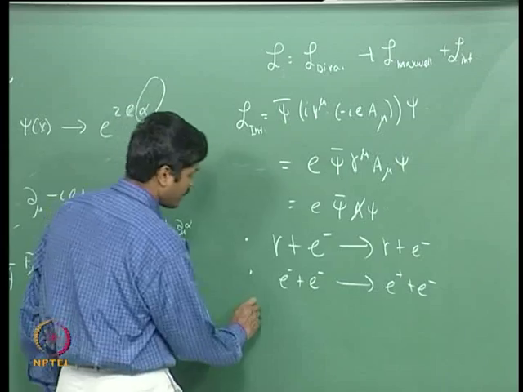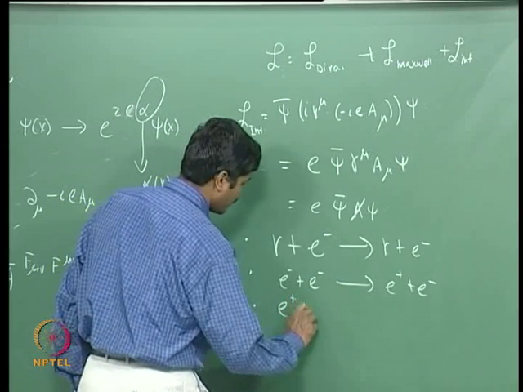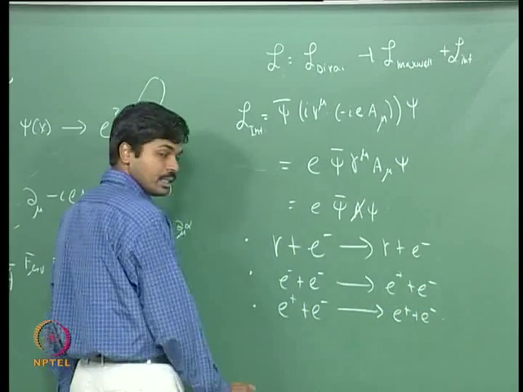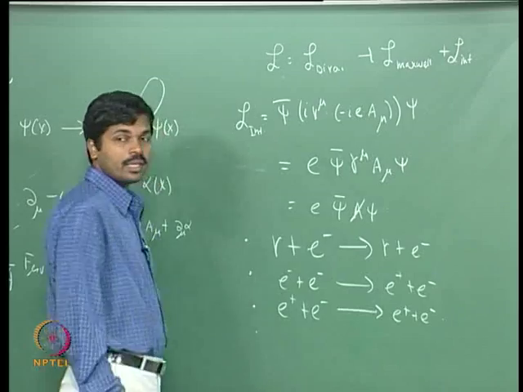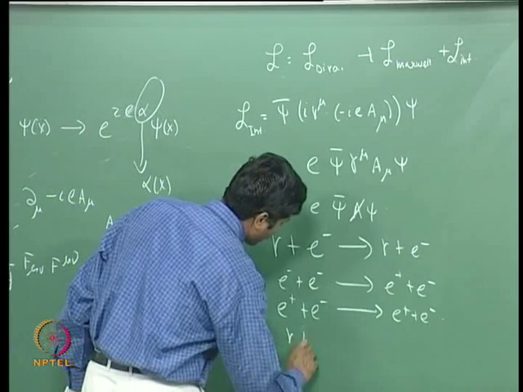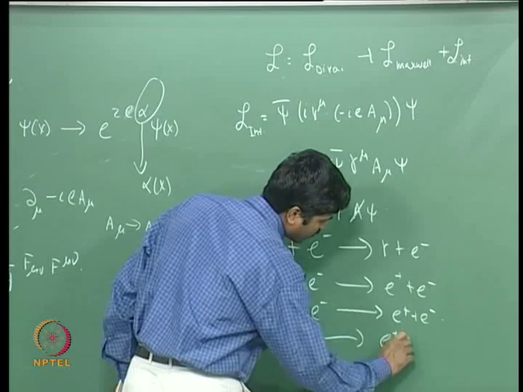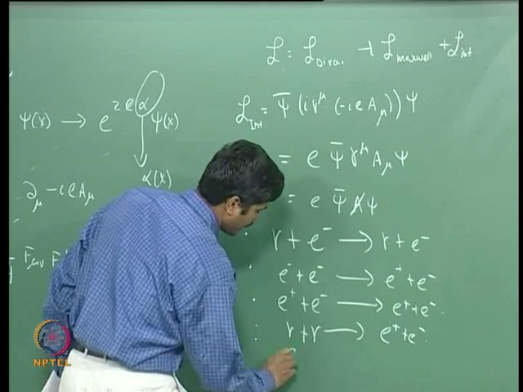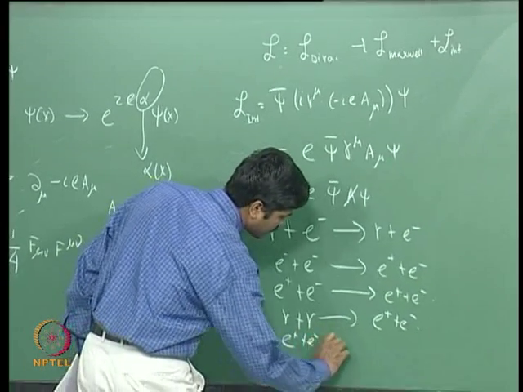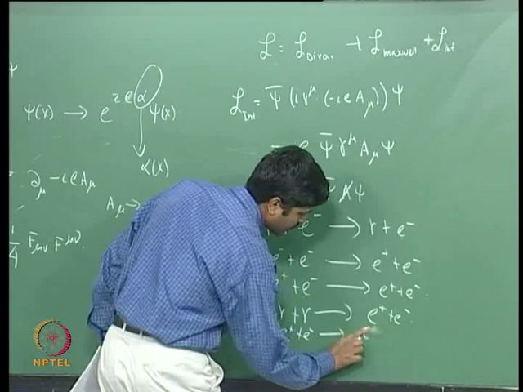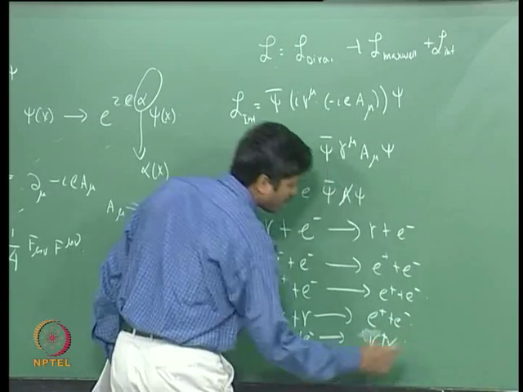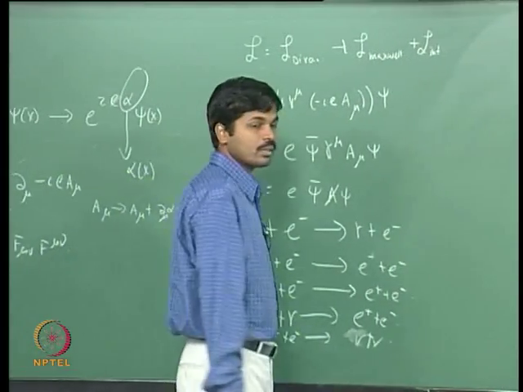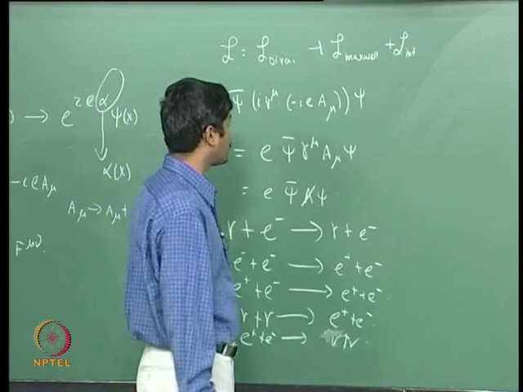It can also describe electron-positron scattering, e⁺e⁻ going to e⁺e⁻, and pair creation, in the sense γ + γ going to e⁺e⁻, or pair annihilation, which is e⁺e⁻ going to γγ, and a number of other physical processes. We will discuss some of them, and then we will compute the cross section for that.